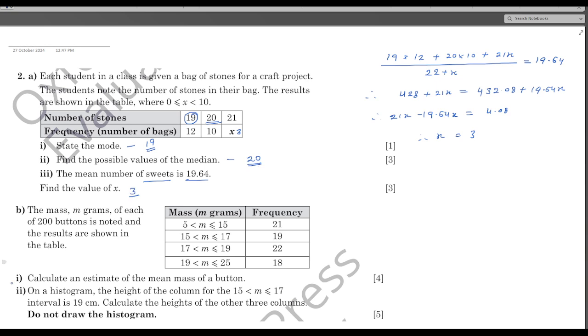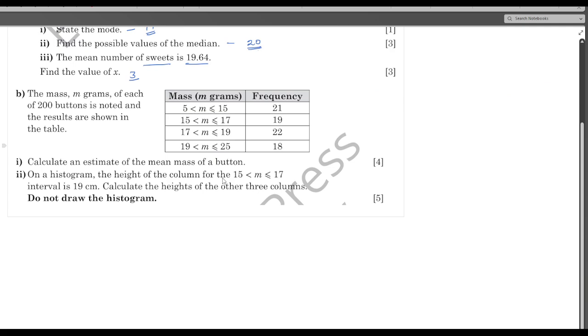Okay, now B part of the question. The mass m gram of each of 200 buttons is noted and the result is shown in the table. This time your mass is in ranges, like mass from 5 to 15 gram, with a total of 21 buttons. Now calculate the estimate of the mean mass of the button.